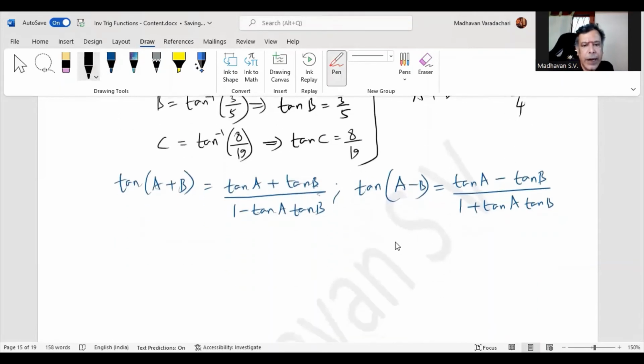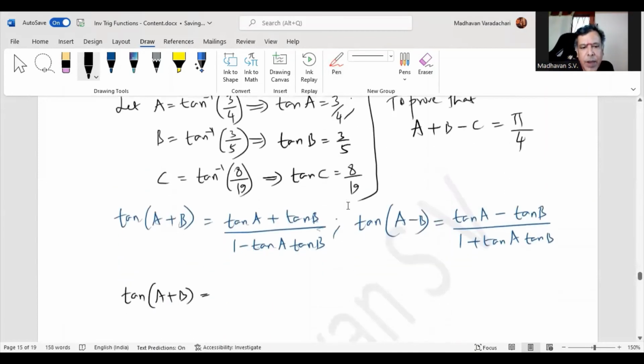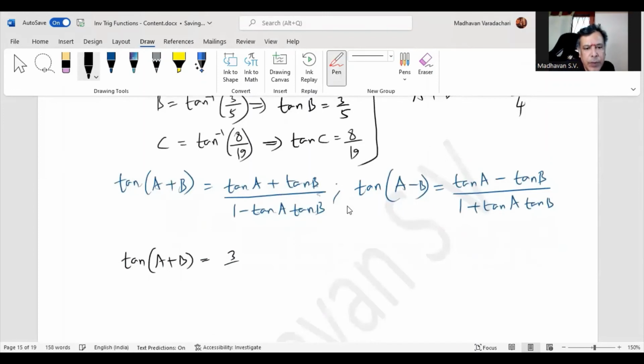So these two identities. First of all, tan of A plus B is, here tan A is 3 by 4. So 3 by 4 plus tan B, which is 3 by 5, divided by 1 minus of tan A, that is 3 by 4, into tan B, which is 3 by 5.